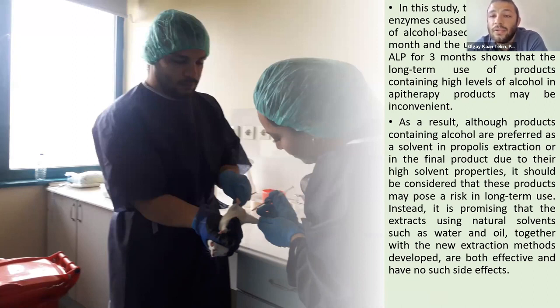As a result, although products containing alcohol are preferred as a solvent in propolis extraction or in the final products due to their high solvent properties, it should be considered that these products may pose a risk in long-term use.